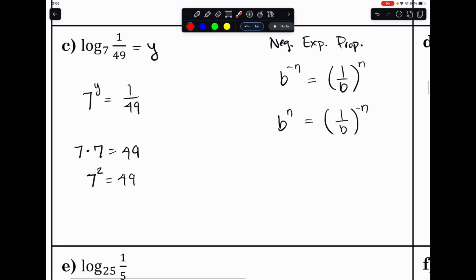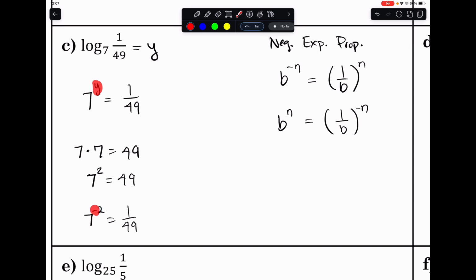Stating that if 7 to this positive 2 is equal to 49 over 1, then if I change the exponent to the opposite, negative 2, this would give me the reciprocal of 49 over 1, which is 1 over 49. So I would have to raise 7 to the negative 2 power in order to get this value of 1 over 49.